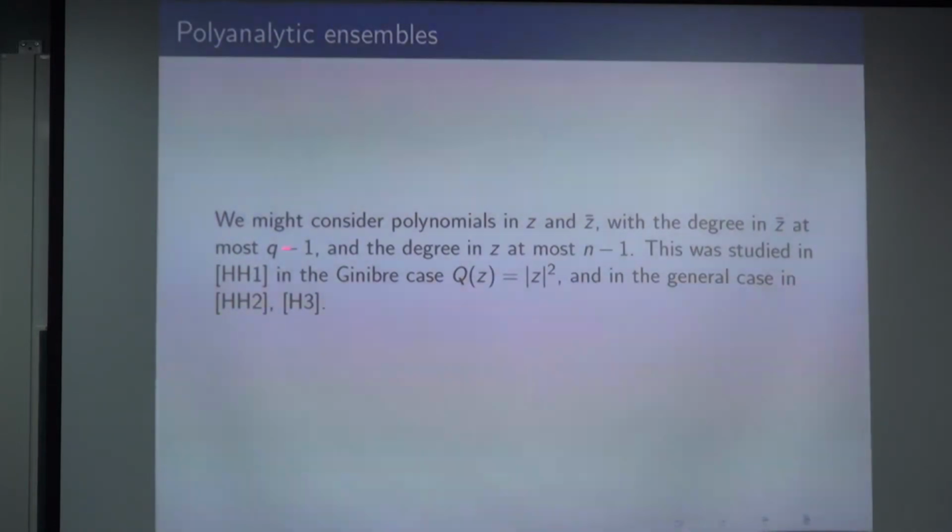So the degree in z bar is at most q minus 1, and the degree in z is at most n minus 1, where q is very small and n grows to infinity. In this case, we analyzed with my student the Ginibre case, and then we also analyzed the expansion of the reproducing kernels in a more general case later.